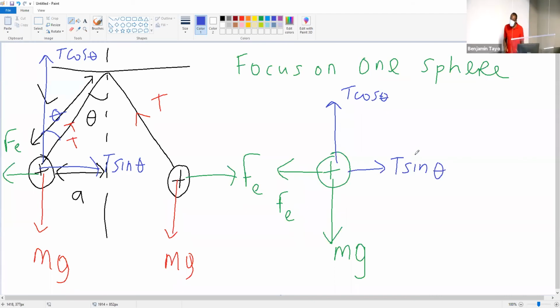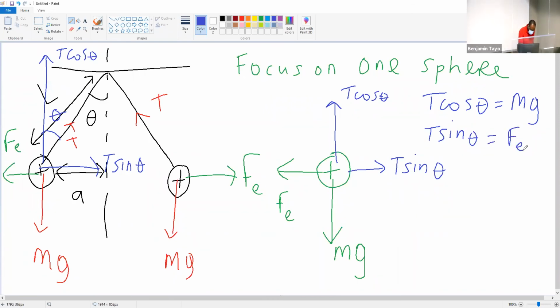We want all these forces to be balanced, so I can write two equations here. T cosine of theta must be equal to mg. T sine of theta is equal to F electric.